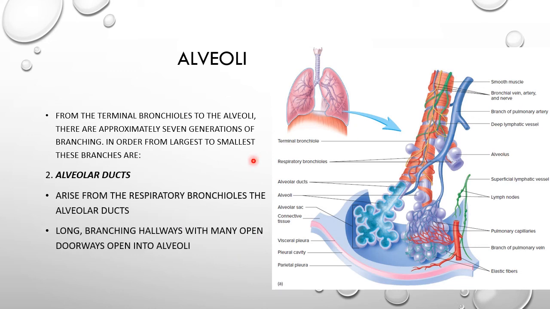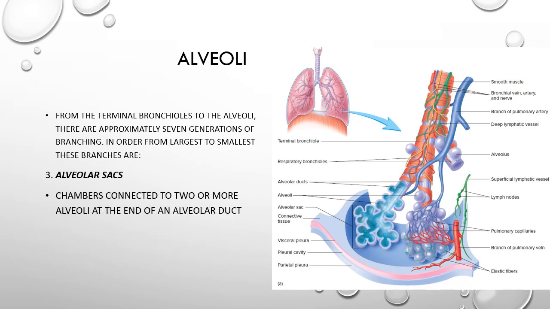Then it forms the alveolar ducts, which arise from the respiratory bronchioles, and they are long branching hallways with many open doorways that are opening into the alveoli. Okay, so ducts, parang canals lang sila.